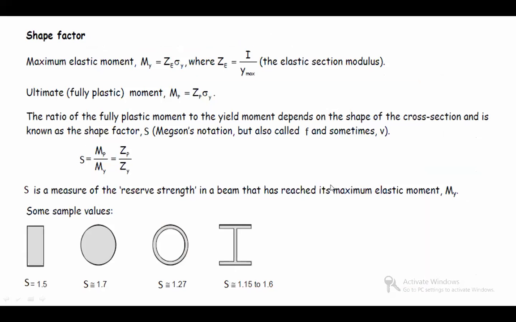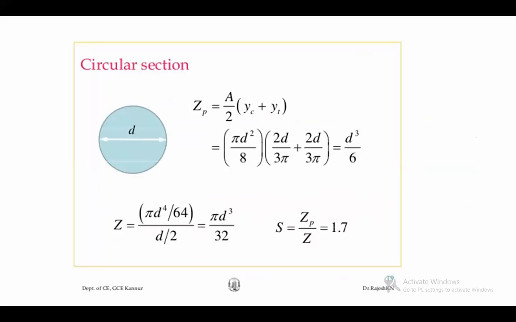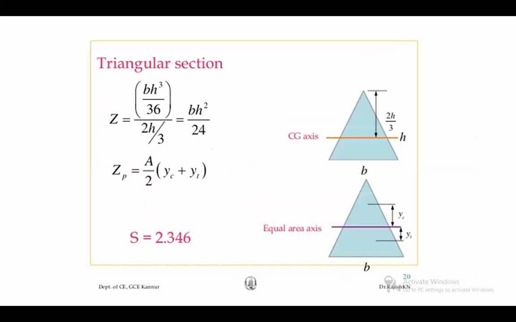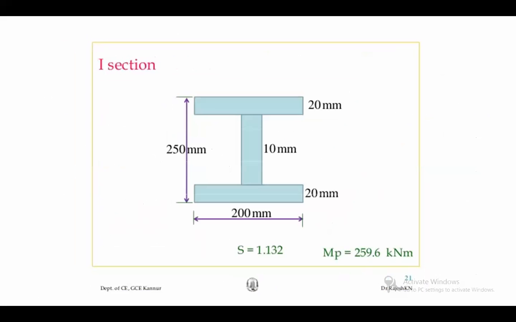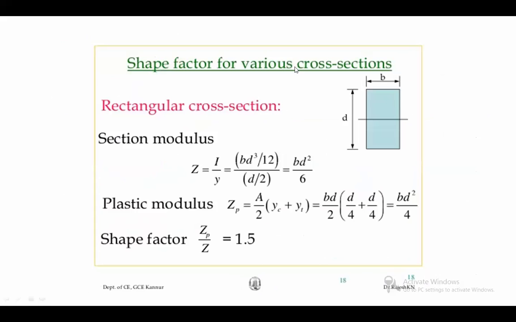Now for different sections, maybe rectangle section, circular section, triangular section, diamond section, I section, T section, we have to find out the shape factor. As you know, shape factor is the ratio of ZP by ZE. The ZP formula, as I told, is A by 2 times (y1 bar plus y2 bar).